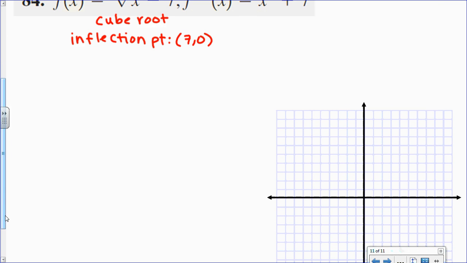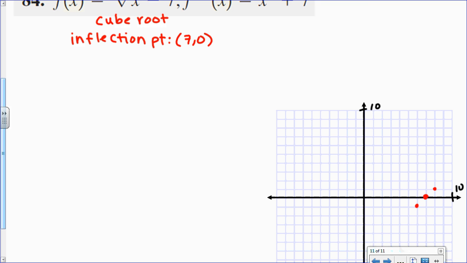Okay. So when I go to graph this, I have this inflection point at 7, 0. And then cube roots. So if you go from your inflection point right 1, the cube root of 1 is 1, so up 1. If you go down 1 or left 1, the cube root of negative 1 is negative 1, so you go down.